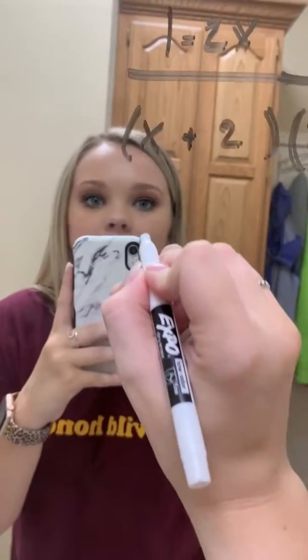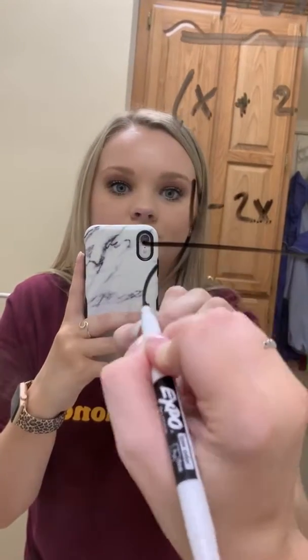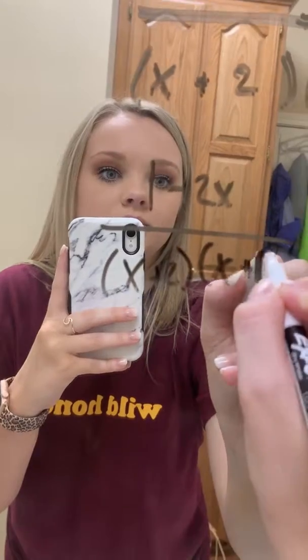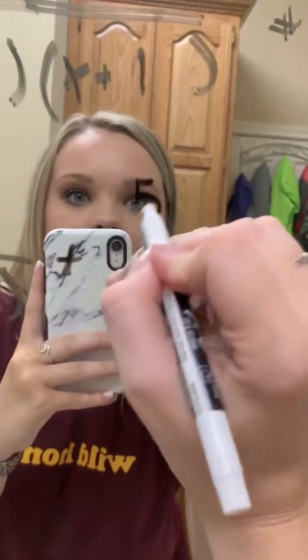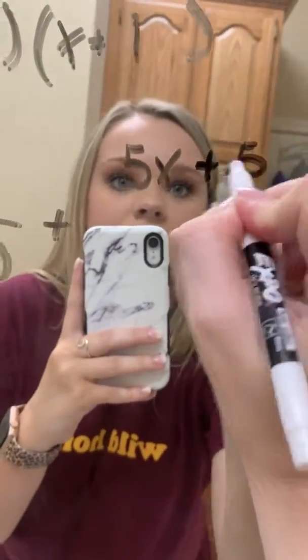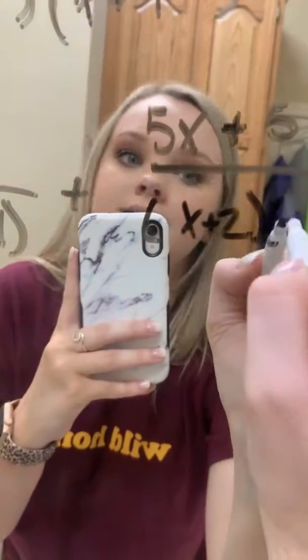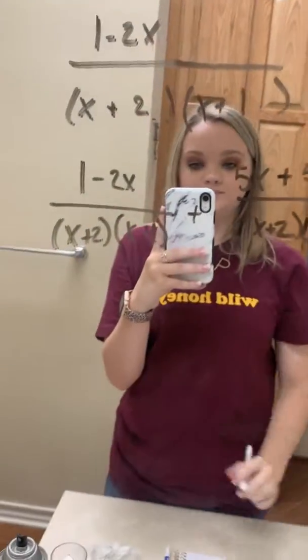So this one stays the same of 1 minus 2x all over the common denominator x plus 2, x plus 1, plus 5x plus 5 over the common denominator x plus 2 and x plus 1 in parentheses.